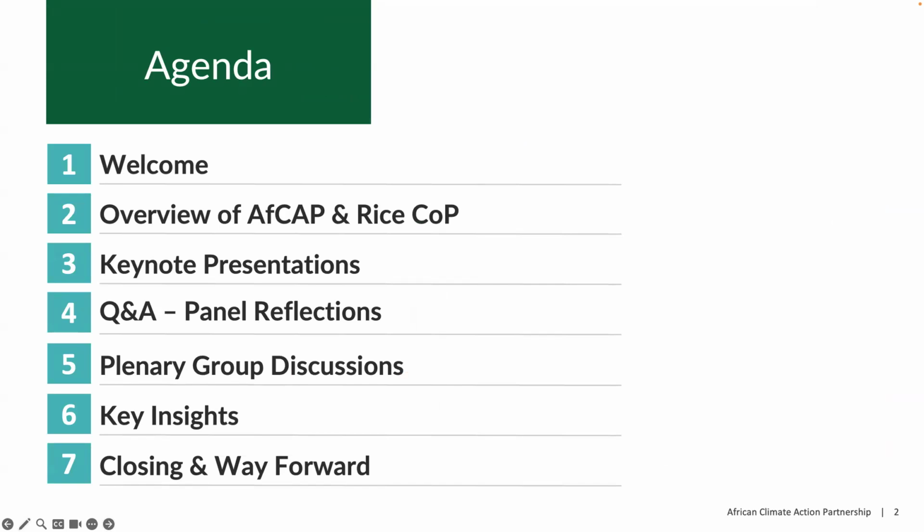On the agenda today, we'll have an overview of AfCAP as well as the RISE Community of Practice, followed by our presentations. The first presentation will be by Abdel on bridging the implementation gap, making climate smart rice work for African farmers. That will be followed by Abubakar, who will be presenting on understanding barriers to adopting climate smart techniques. The last presentation, closing it off, will be from Endo, and she'll be speaking on locally relevant mitigation options. Right after that, we'll have our Q&A.